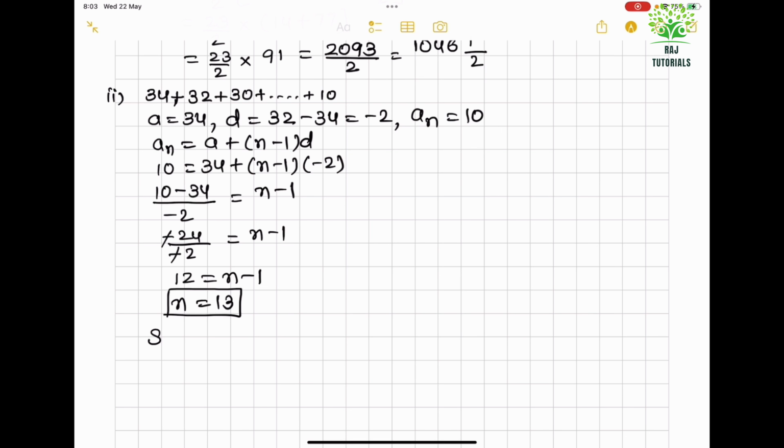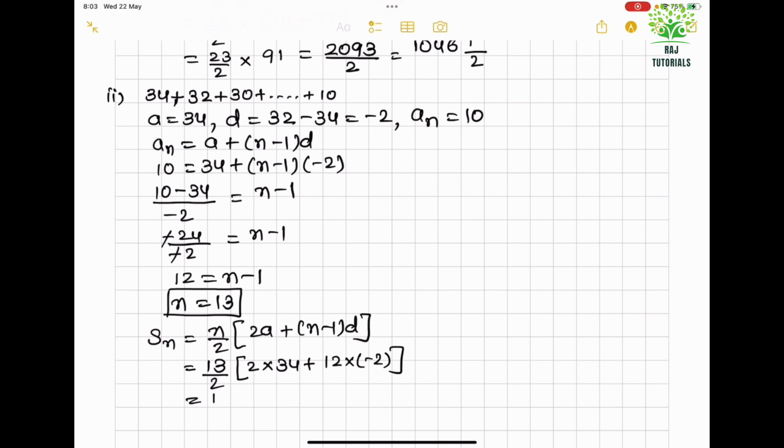Now Sn equal to n by 2 into 2a plus n minus 1 d. So I can say 13 by 2 into 2 into 34 plus 13 minus 1, 12, into d is minus 2.